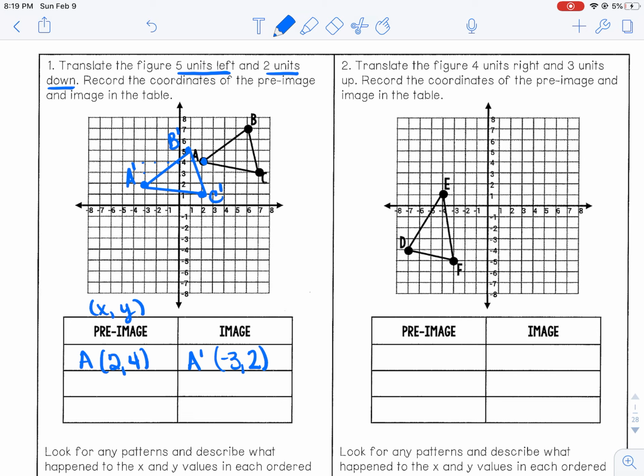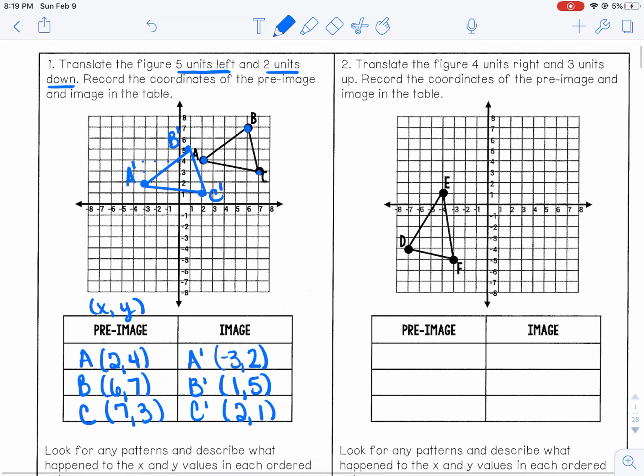Point B, up here, we started at 6, 7. And B prime, our new point, was at 1, 5. Okay, C was originally at 7, 3, and the new coordinate C prime is over at 2, 1.